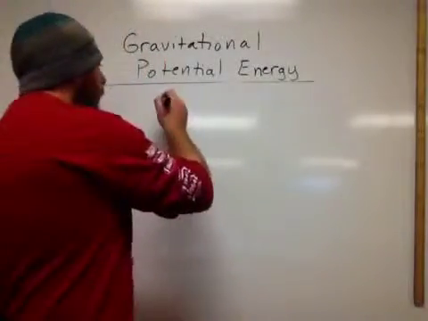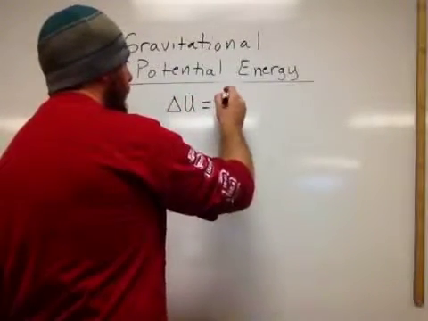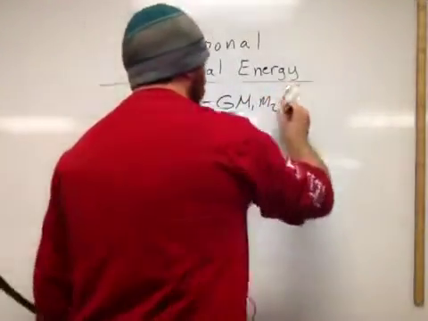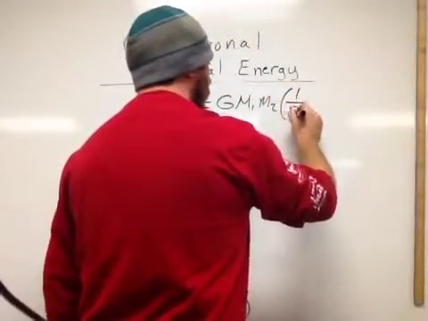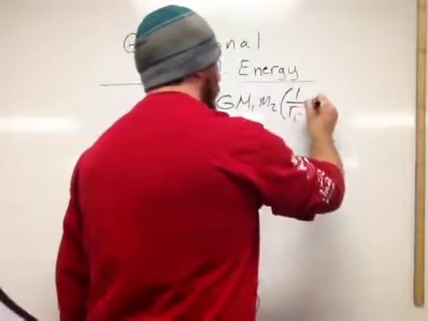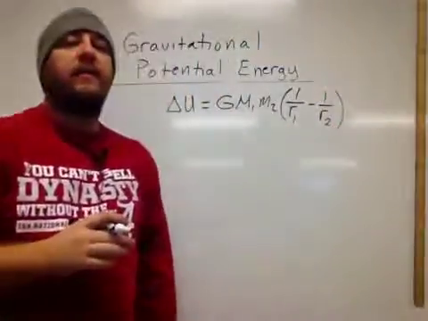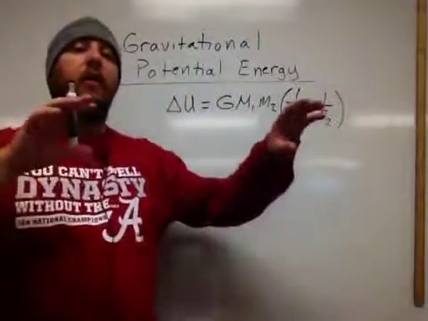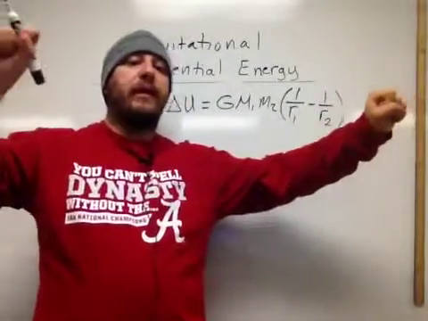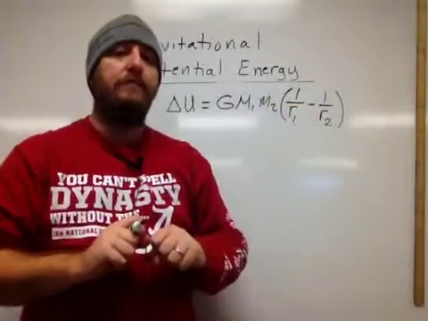Okay? So if I look at the difference in potential energy, oops, this should be 1. Okay, and again, I'm going to let R1 be infinity, so my objects are infinitely far apart, and then I bring them to some distance R2 apart, all right?